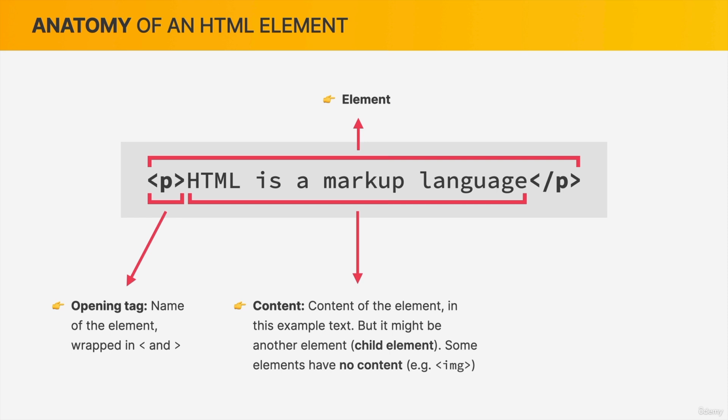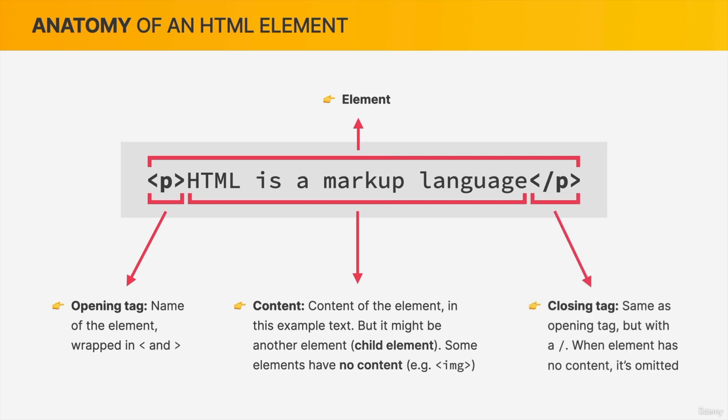And speaking of the closing tag, it is basically the same as the opening tag, but with a slash. So we open this paragraph element simply with the P, and we then close it with /P. Okay? Now for elements that do not have content, such as the image element that I mentioned before, we actually omit the closing tag.